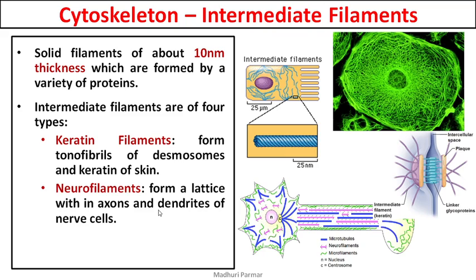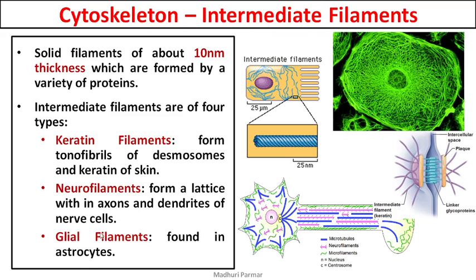Then neurofilaments are intermediate filaments found in a neuron. A neuron is a nerve cell. Whatever the pink or purple colored filaments you are seeing are nothing but neurofilaments, and they give shape and structure, support to the axons. Here this is the axon and the dendrites of a neuron.